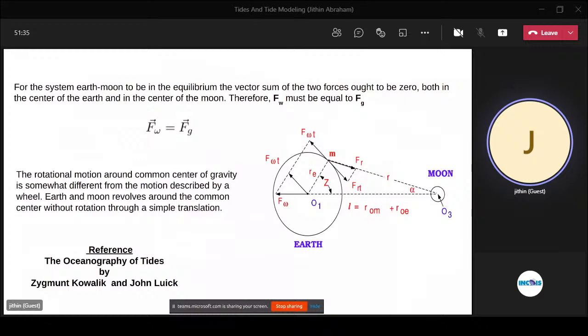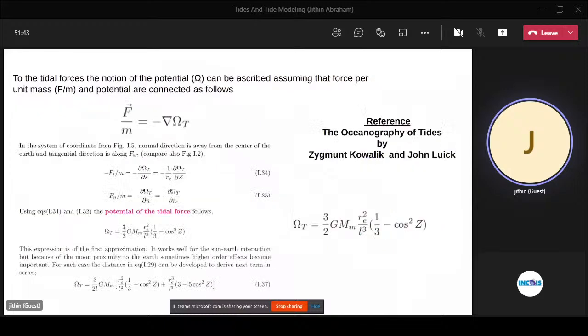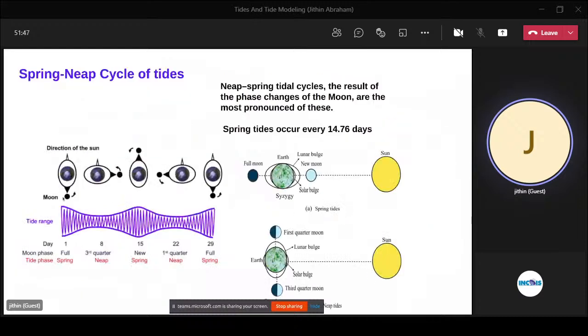Next we are going to talk about the spring-neap cycle of tides. Now we know that the tide generating force is due to the combined rotation of the Earth-Moon system. For simplicity, we earlier only talked about the Moon, but there is also gravitational attraction from the Sun.